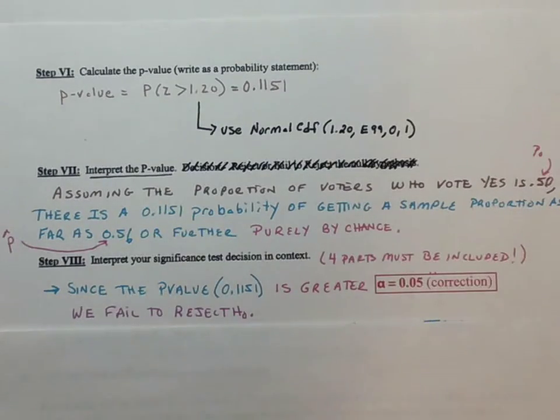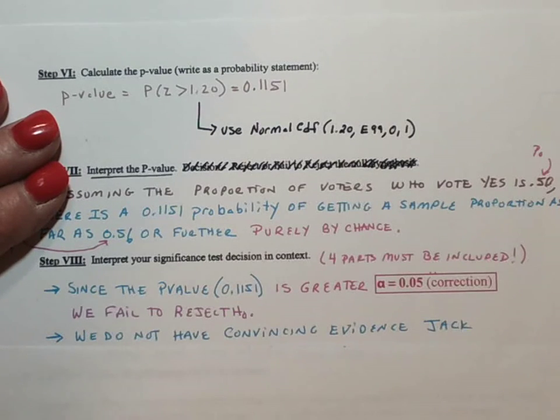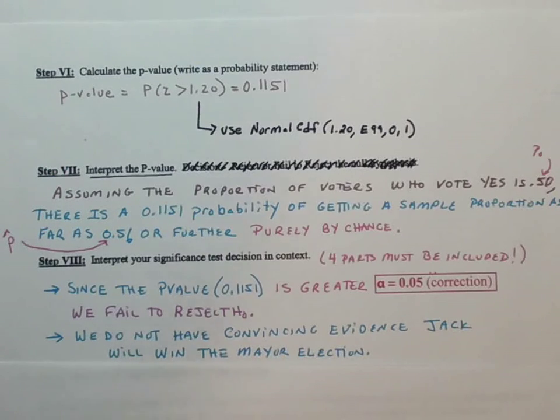We fail to reject H naught. And we do not have convincing evidence Jack will win the mayor election. Maybe if he does another sample, he might get a better outcome. But based on this random sample, Jack should not be confident.